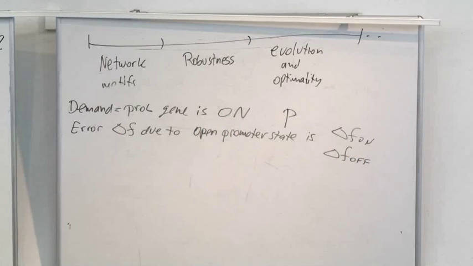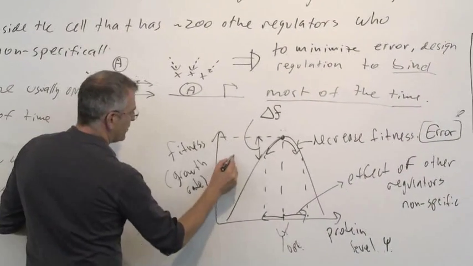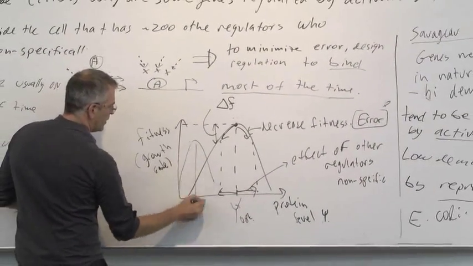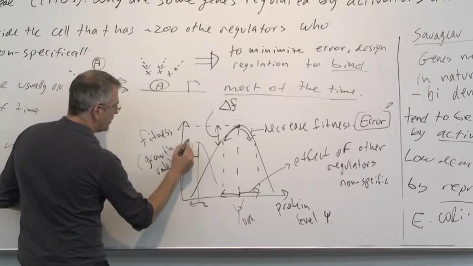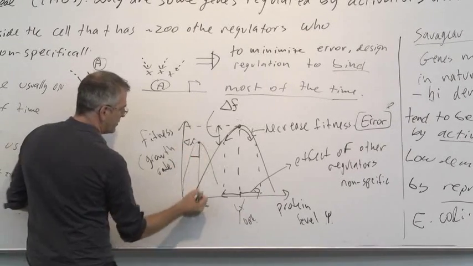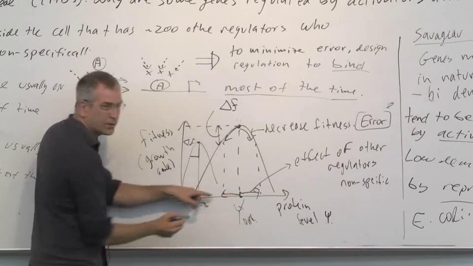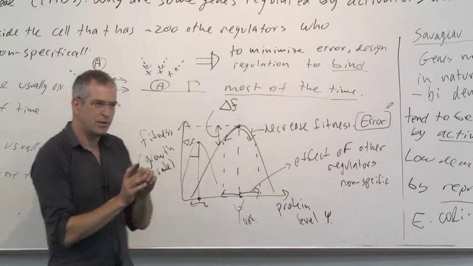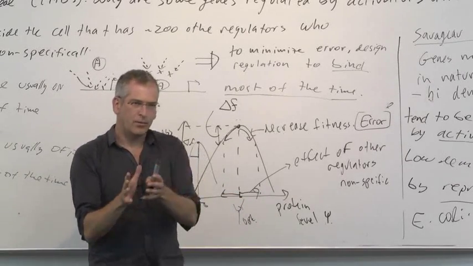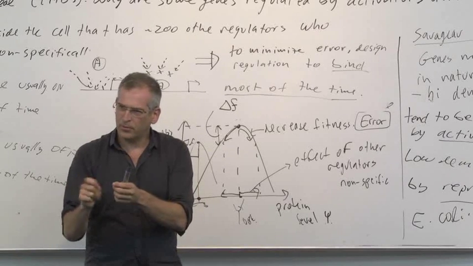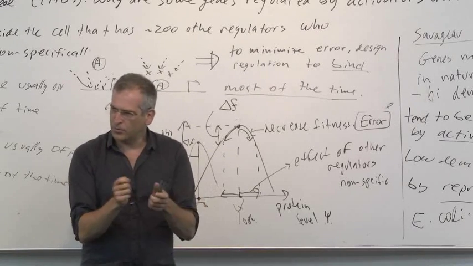When the gene is on, you have this fitness drop. When the gene is off, you have a different fitness function. And because of the noise, you have a different one. So this is the low expression and the high expression. So that's called delta F: the error when the gene is on, the non-specific binding error, and when the gene is off, the non-specific binding error.